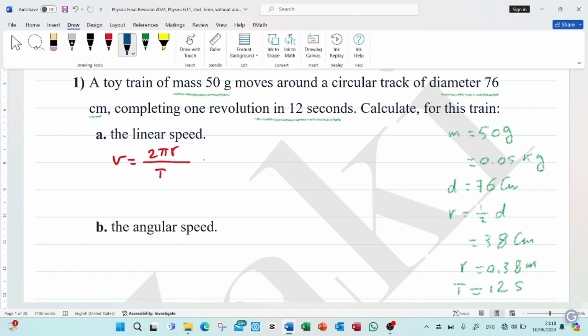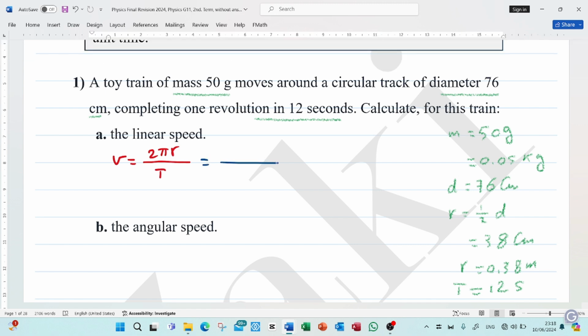Substitute: 2π multiplied by the radius in meter 0.38, divided by the time period 12. The answer is 0.2, unit is meter per second.